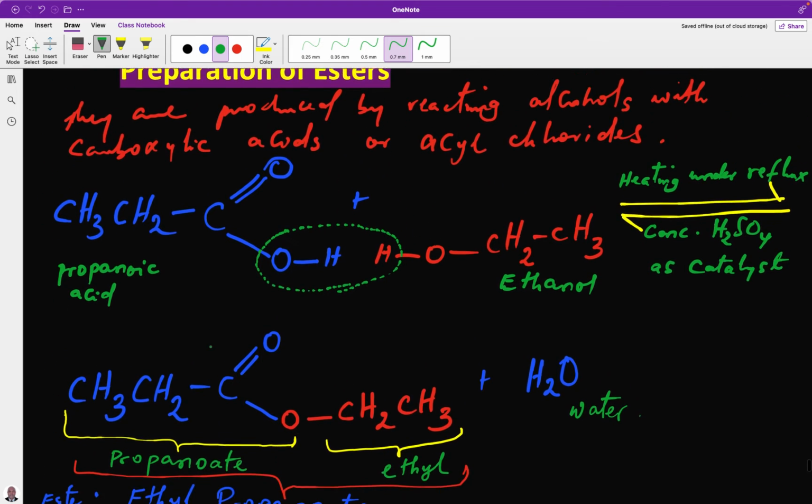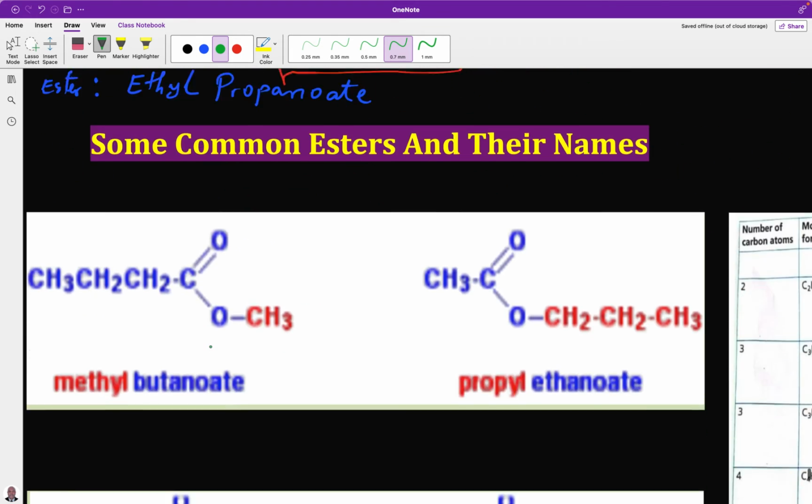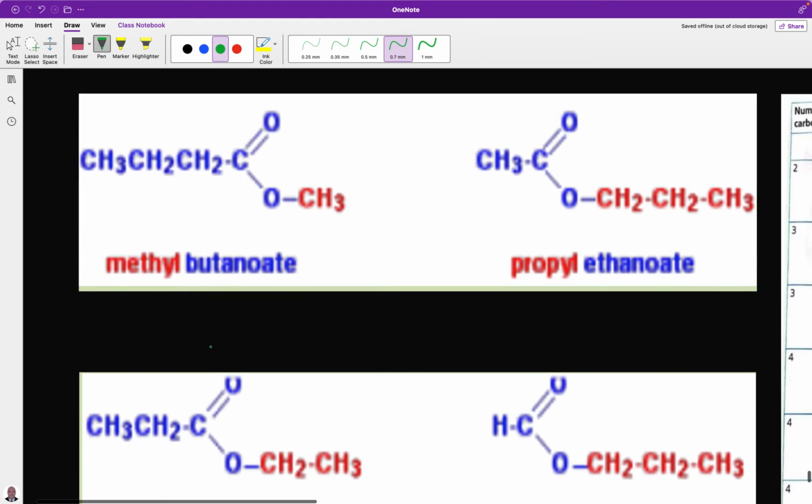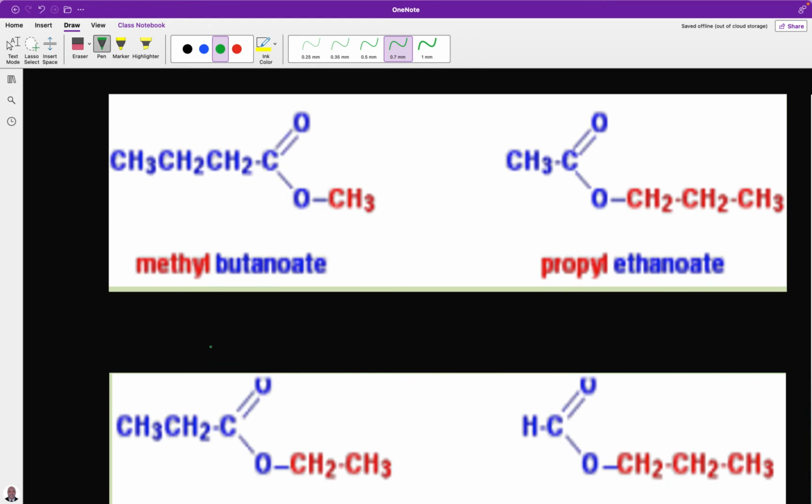This is an example of some esters. You will see the ester here is produced from an acid and an alcohol. The first part of it is in red, and the second part of it is in blue. The red part is provided by an alcohol, and the alcohol that must have provided this is methanol.